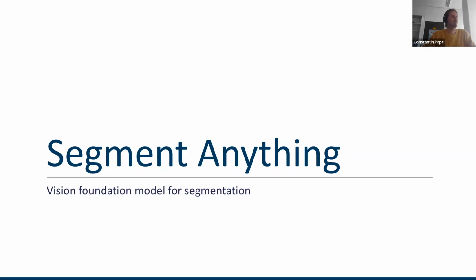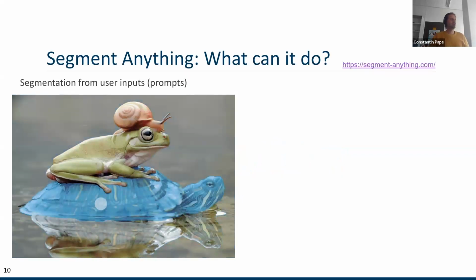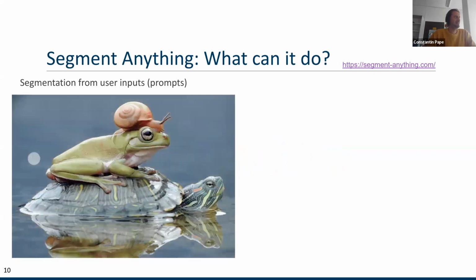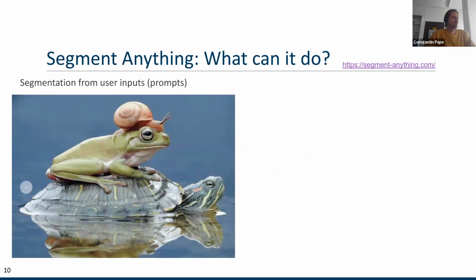This is now where we come to Segment Anything, which is this vision foundation model for segmentation. Before I show how we use this, just a general introduction to this model. The main feature is that it can do segmentation from user inputs, also called prompts.